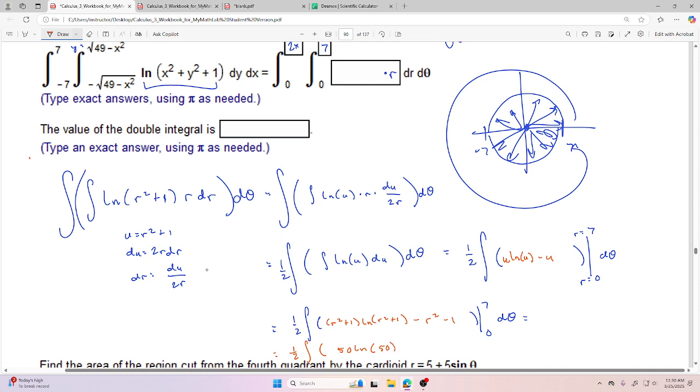Did I mess up already? Yes. And then I got a negative 50. And then minus, when I plug in a 0, I'll get 1. ln of 1 is 0. Plug this one in, and I got a 1. So I essentially got, negative of the negative 1 will be a positive 1.